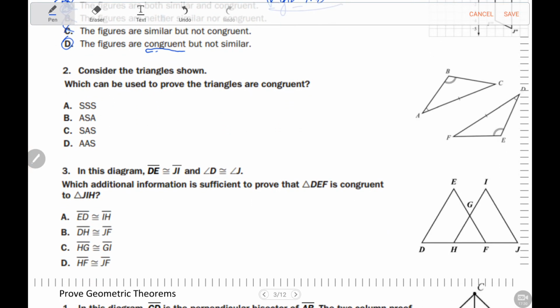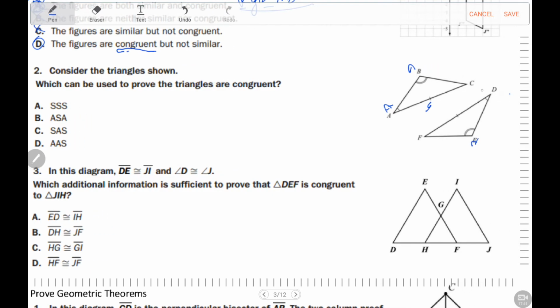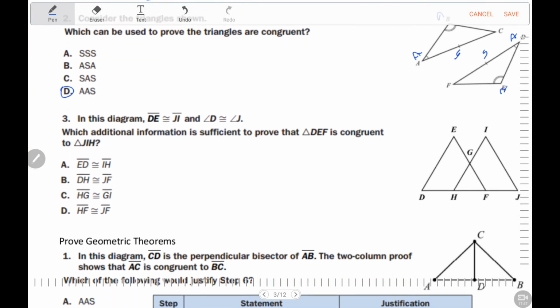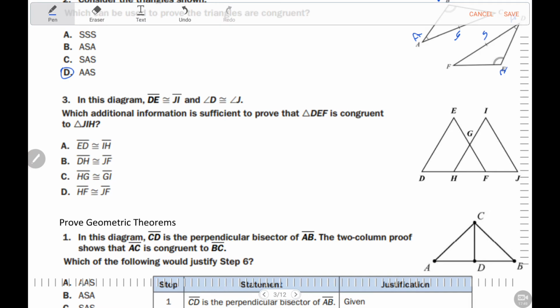2. Consider the triangles shown, which can be used to prove the triangles are congruent. I see here, angle, angle, side. What additional information is sufficient to prove that DEF is congruent to JIH?